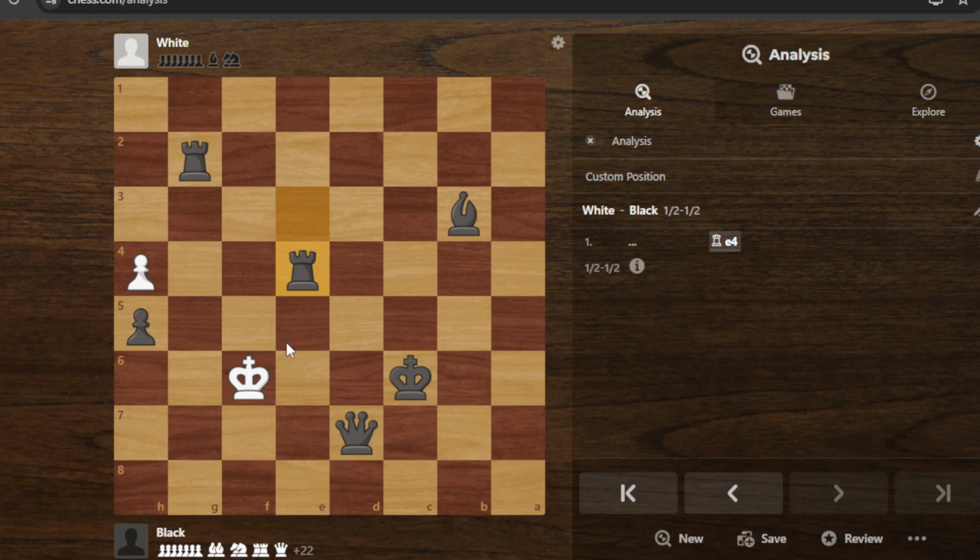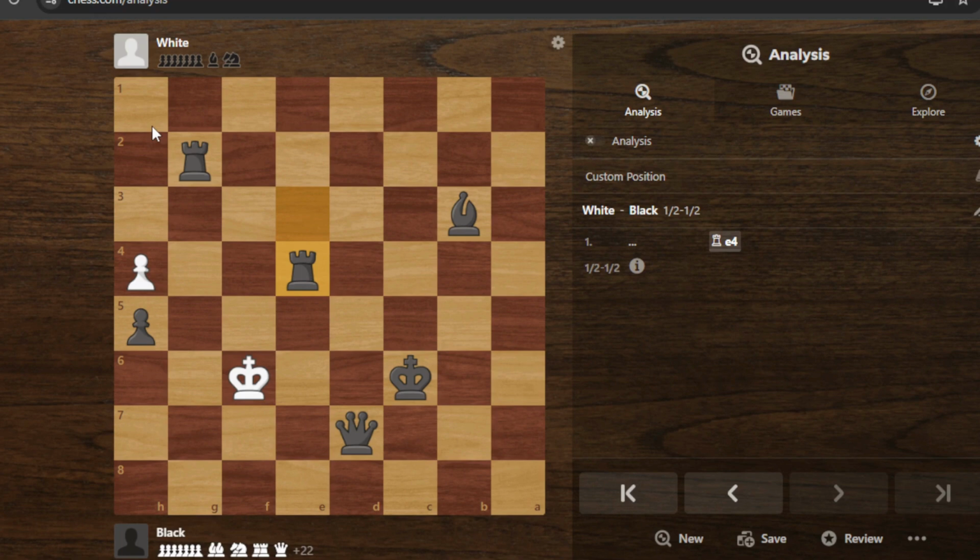If this was black's move and black checkmated white, then it wouldn't be a draw. But now it's white's move and white cannot move their king anywhere, so it's a draw.